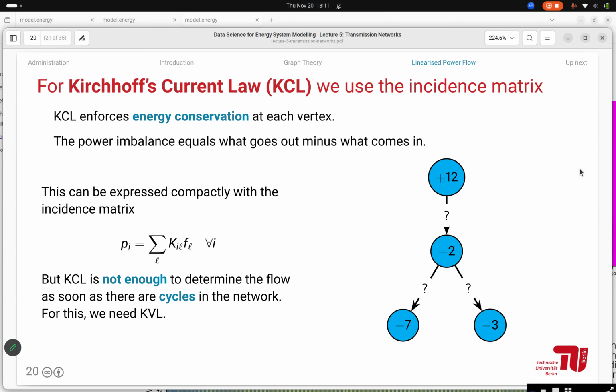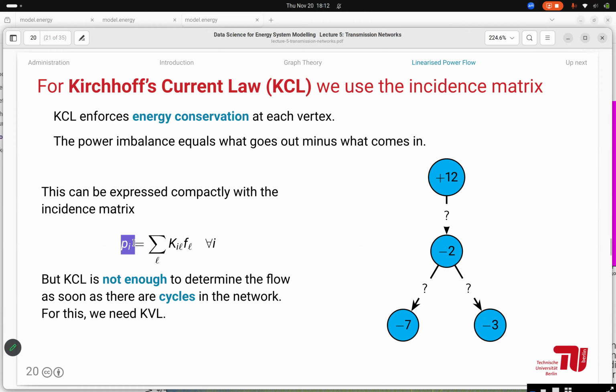For the current law, we mainly use the incidence matrix, and it's just used to enforce energy conservation at each of the vertices. It looks complicated, but you take the power imbalance, and the power imbalance has to equal the sum of incoming minus outgoing flows.